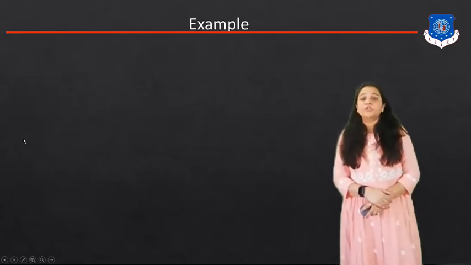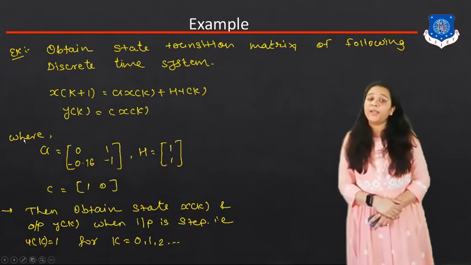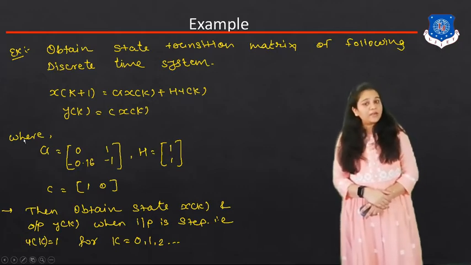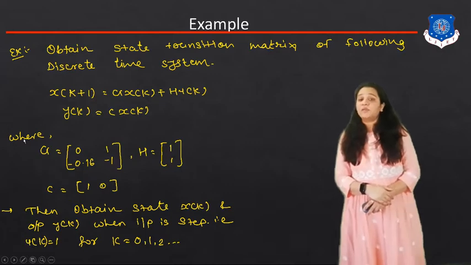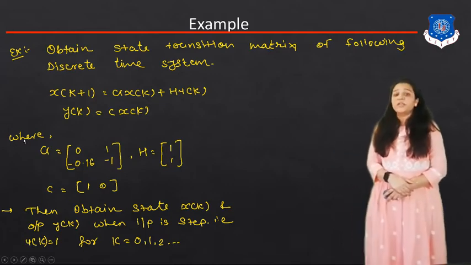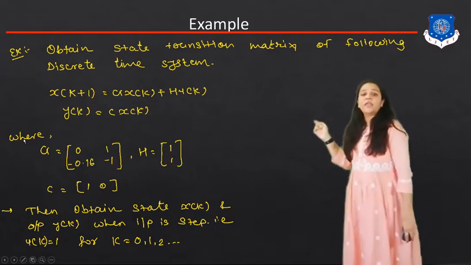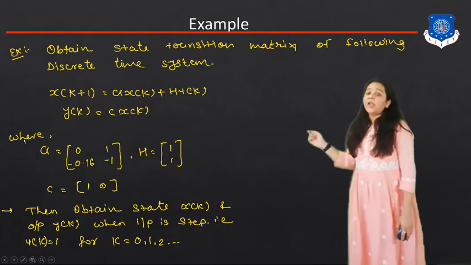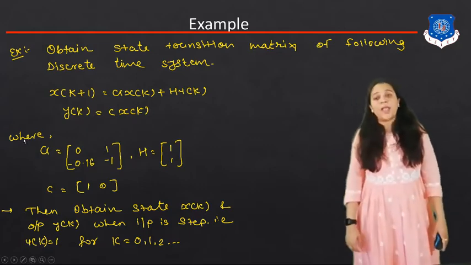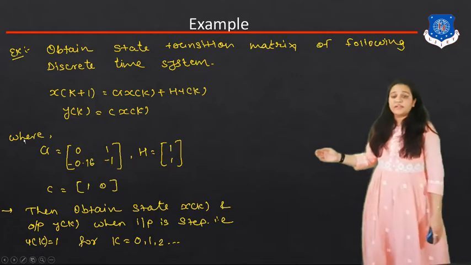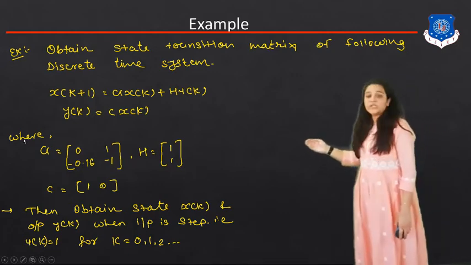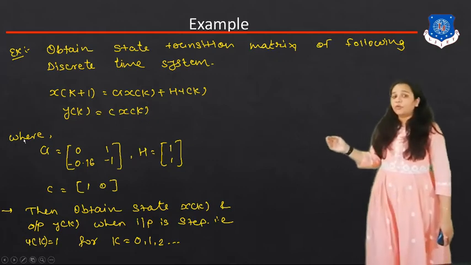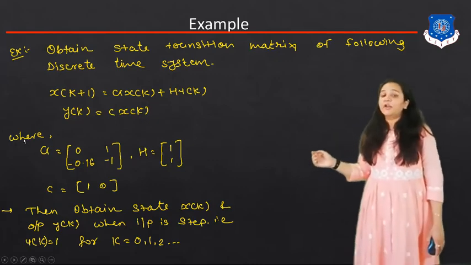Example: obtain the state transition matrix of the following discrete time system. The equations are x of k plus 1 equals G x of k plus H u of k, and y of k equals C x of k, where G is the matrix [0, 1; -0.6, 0, -1], H is [1; 1], and C is [1, 0].